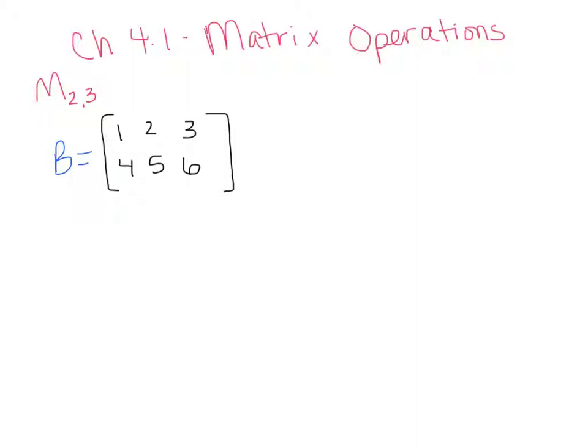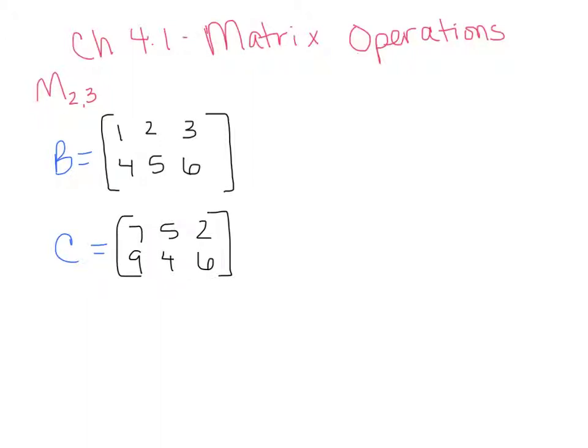And so one of the first things we want to do is we want to add matrices together. And so you can only add matrices that are the same size. So if that is matrix B, maybe we have matrix C that is 7, 5, 2, 9, 4, 6.